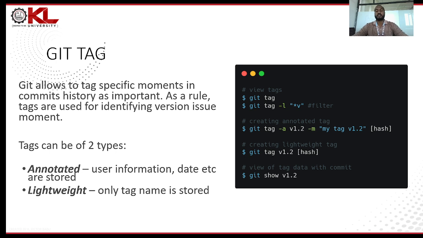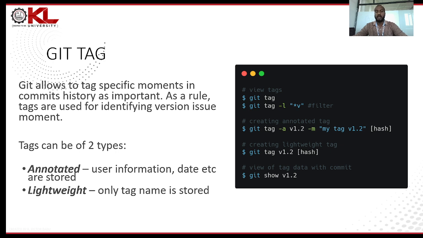In the first line is git tag, which is used to create a label name. The other one is git tag -l with a filter such as v, which gives all the tags matching the filter. If you have, for example, five or six tags, the next command arranges them.